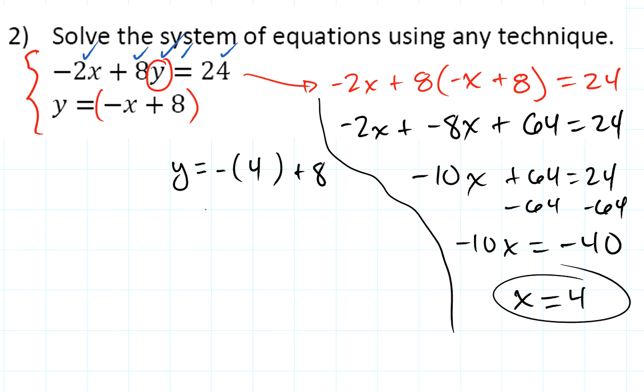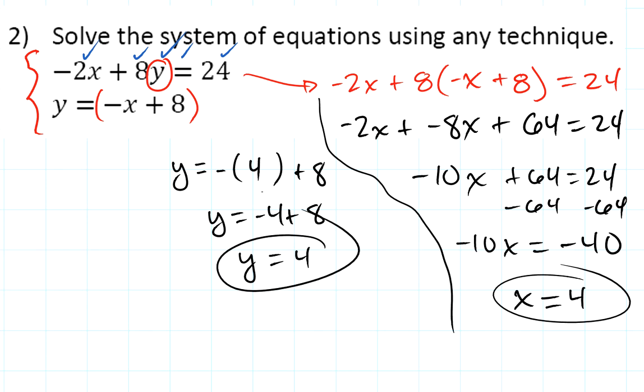So y should equal negative 4 plus 8. When I simplify that, y equals the number 4. So my solution to this system of inequalities is that x is 4 and y is 4. I should write that as an ordered pair, so it's the point (4, 4).